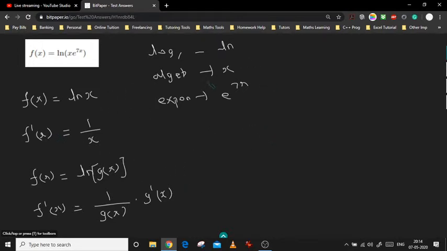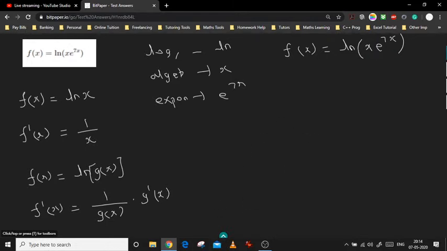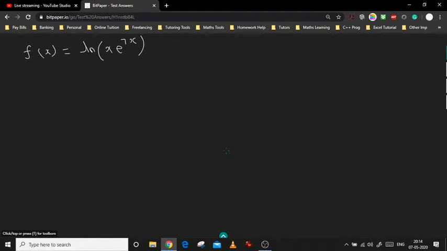Now let's start off doing this problem. I'm going to write over here. So this is going to be f of x is equal to ln of x e power 7x. As far as the rule is concerned, f dash of x is equal to 1 over g of x multiplied by g dash of x.